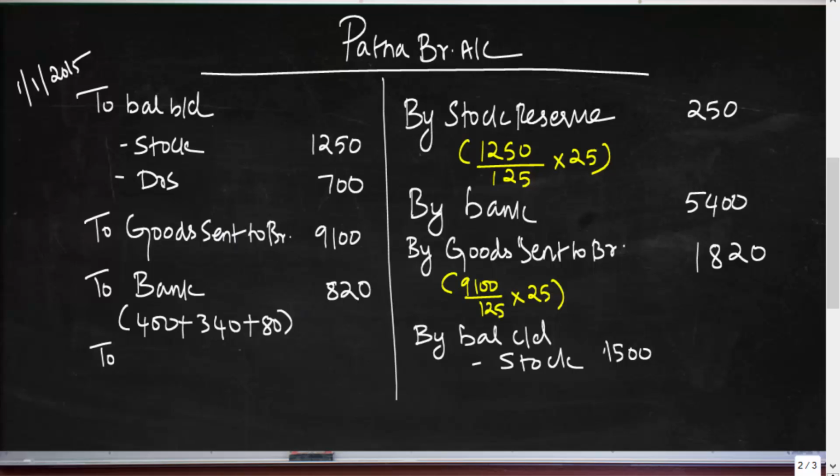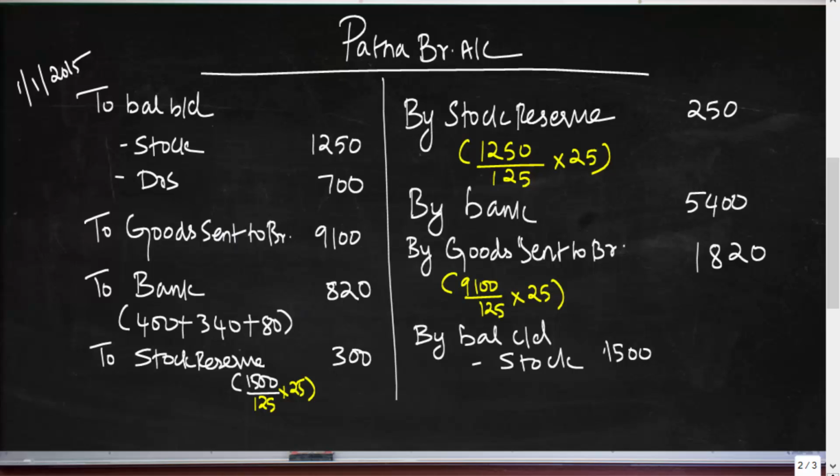So we'll say to stock reserve. To stock reserve, and what is the value? This 1,500 is for 125. So it is 1,500 divided by 125. What is 25? So what is the value? You get something like 300.